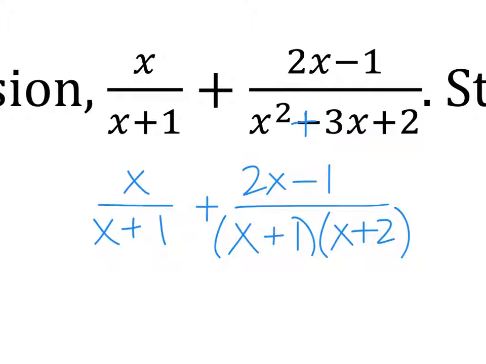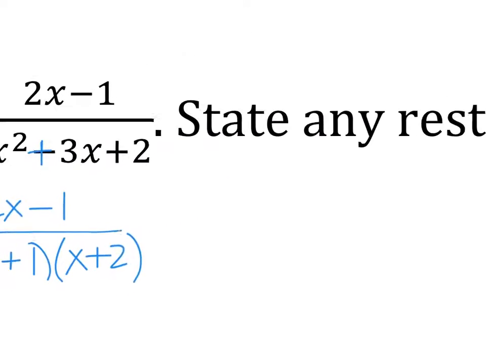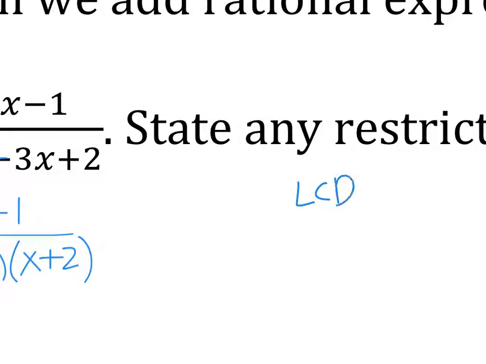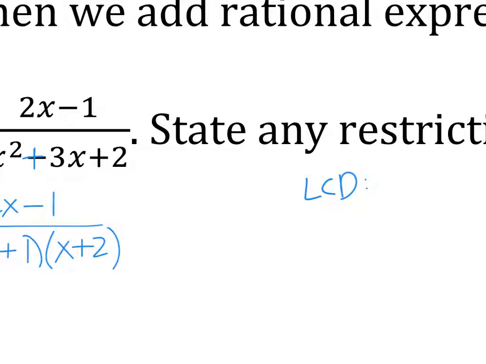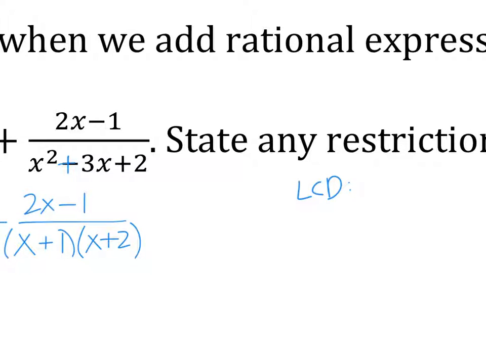All right, so first thing is always factor, factor, factor. Now let's look at these two denominators. What is the least common denominator that is shared between the two of them? x plus 2, x plus 1. Okay, the least common denominator that is shared between both of them is x plus 2, x plus 1.